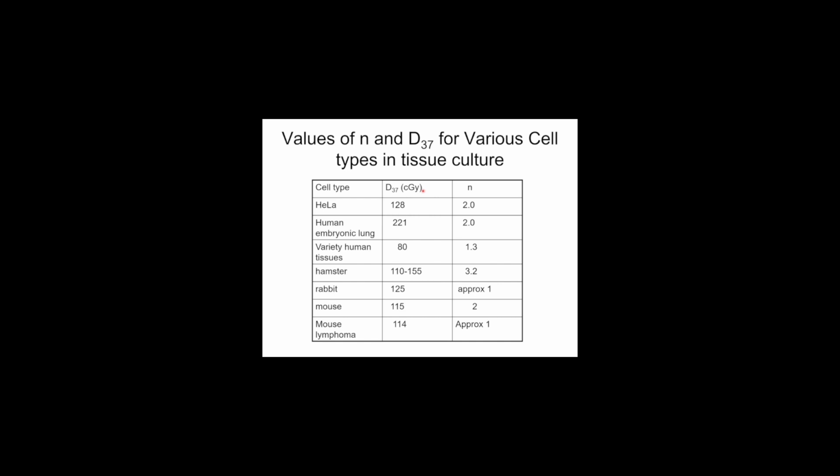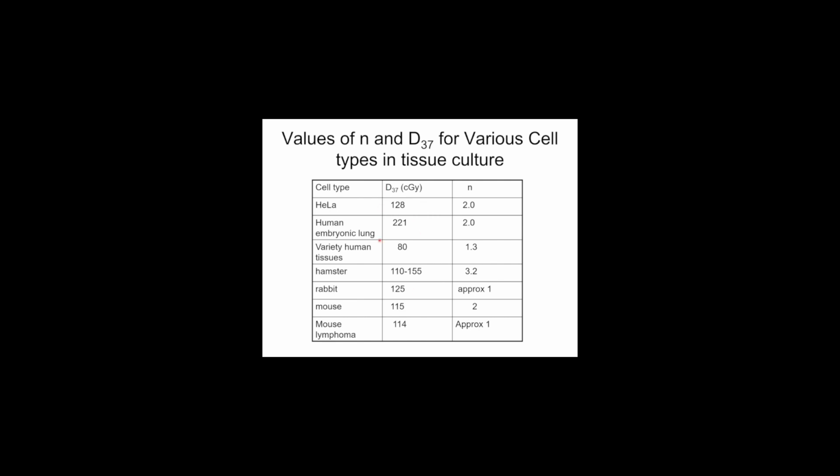In Britain, they would call it the D0. But the question becomes, how much difference is there in D0 values from different species and different cell types within the body? Among mammalian species, the range is not so great.